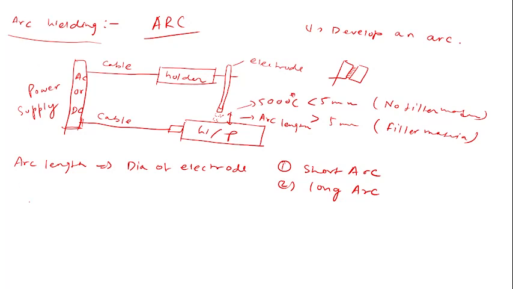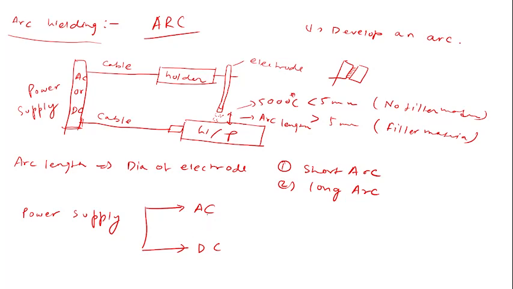Basically there will be two kinds of power supplies. First is AC, alternating current, which will have no polarity, and second is DC, direct current, which will have two polarities. What is polarity? Polarity will tell you in which direction electrons will flow.